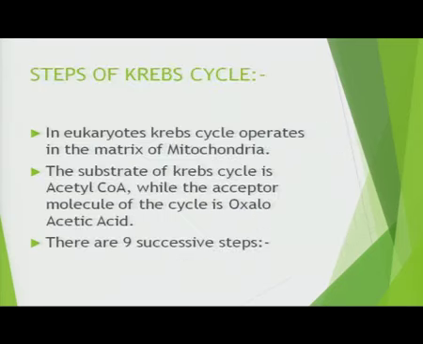Now, the various steps of the Krebs cycle. In eukaryotes, it operates in the matrix of the mitochondria. The substrate of the Krebs cycle is acetyl coenzyme A, and the acceptor of acetyl coenzyme A in the mitochondrial matrix is OAA, oxaloacetic acid. We have already discussed this.